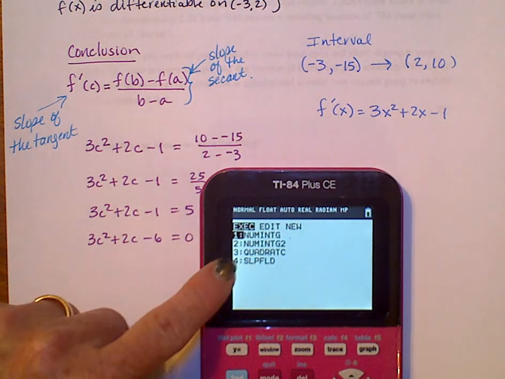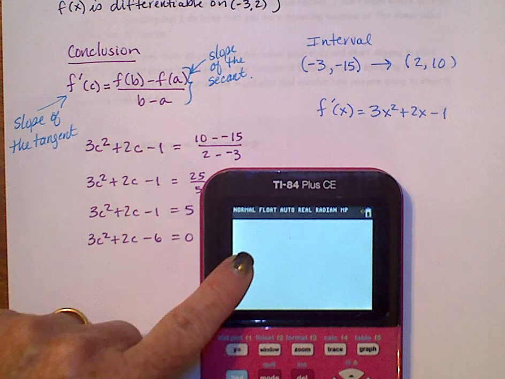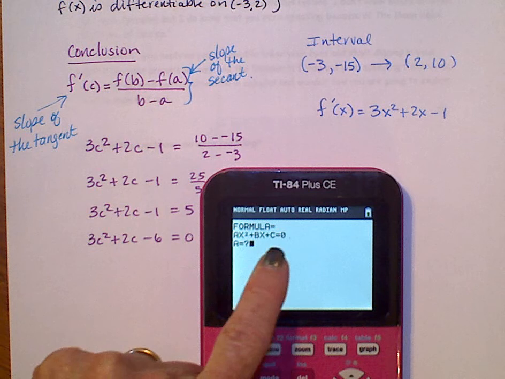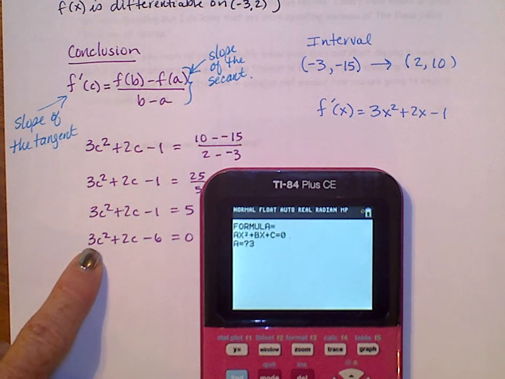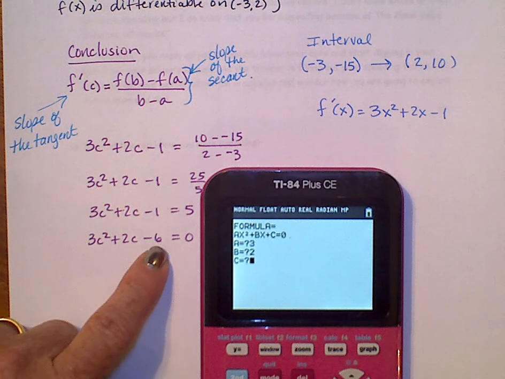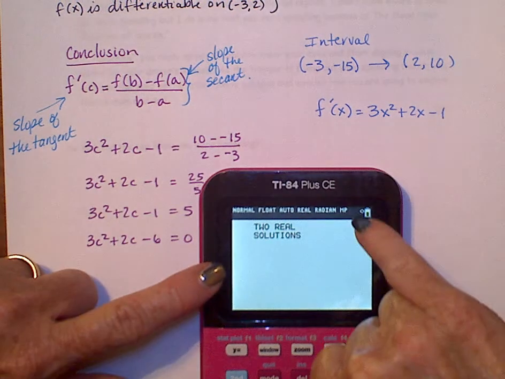Mine's called just quadratic. I hit enter, and for an equation in the form ax squared plus bx plus c is 0, I just type in what a is. It's 3. Enter. What's b? 2. Enter. C is -6. Enter. Gives me 2 real solutions. And if you look up here, this is kind of flashing.